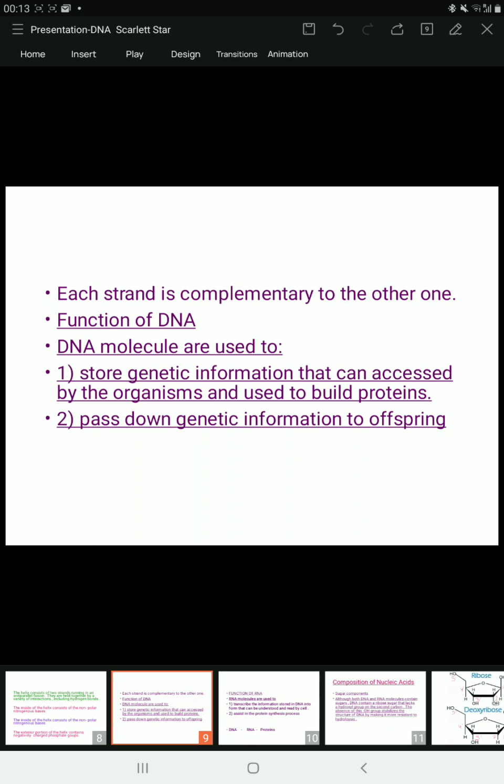And what is the next function of the DNA? It is written here: pass down genetic information to offspring. Whatever the characters of the parents are, let's say the parent has white skin, then that parent is going to transfer its white skin color code to the offspring.